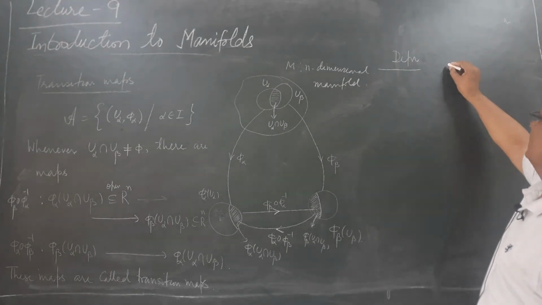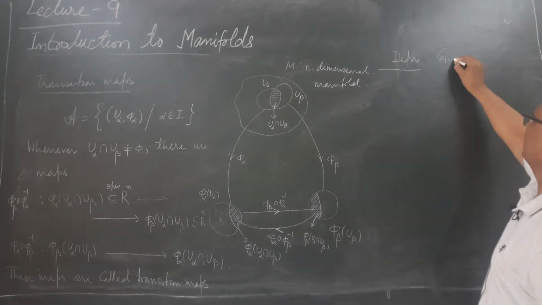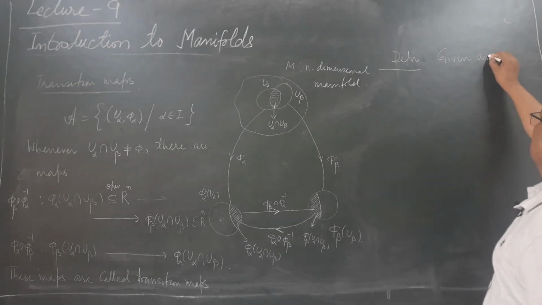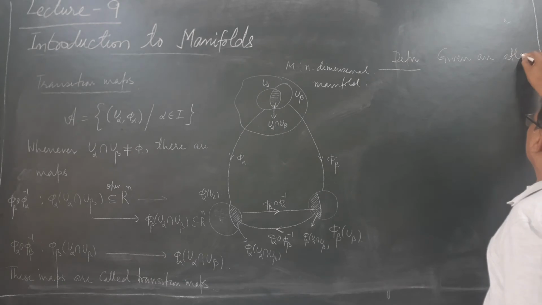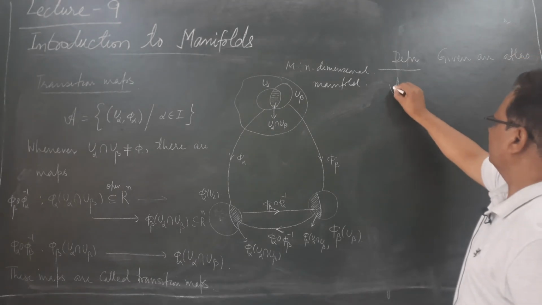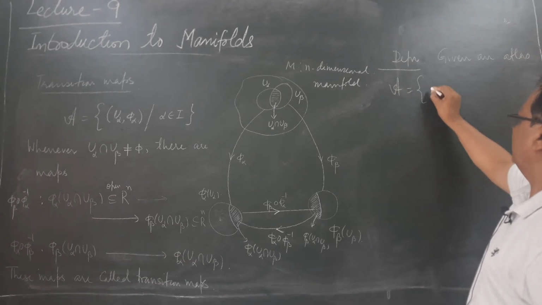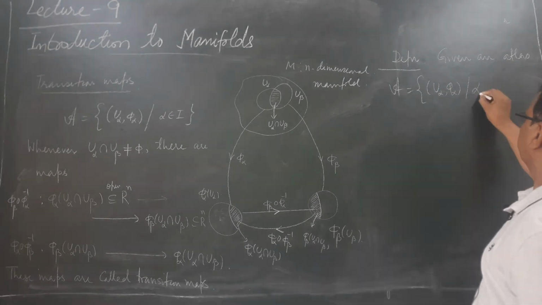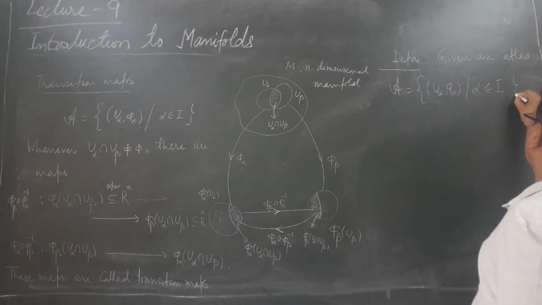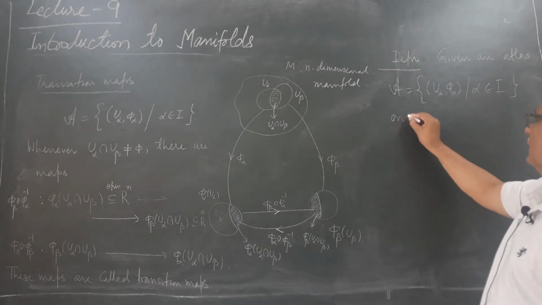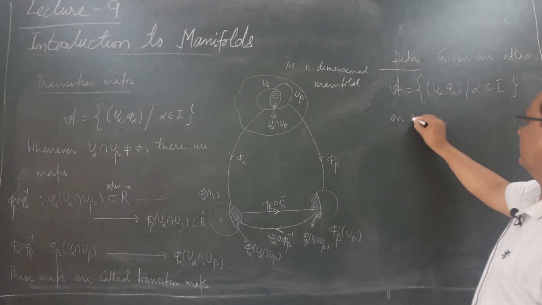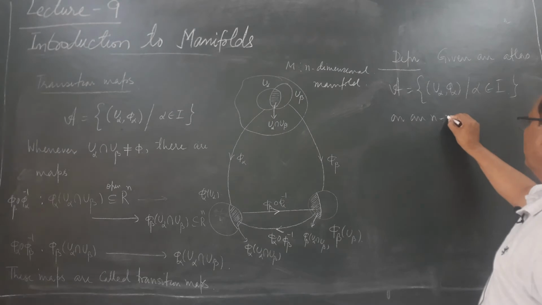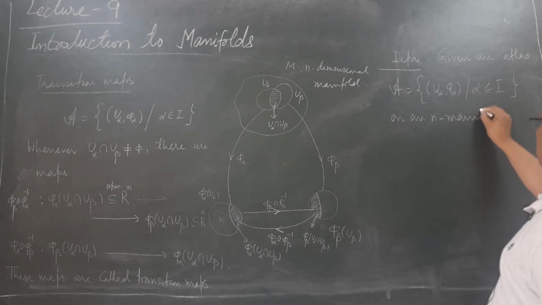Given an atlas A, let me write down (U_alpha, phi_alpha), on an n manifold. N manifold means n dimensional.